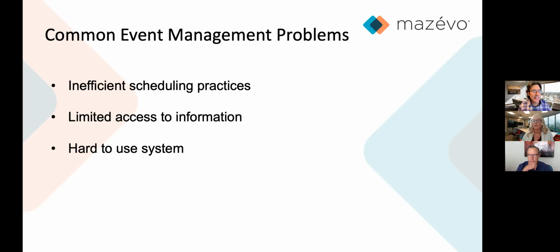But a lot of times it's difficult to use. They may not be able to figure things out. They may get stuck. And so what happens? They send you an email or they give you a call. And that's just an inefficient process when that starts happening more and more. And so people just resist using the system, and it creates trouble that way.